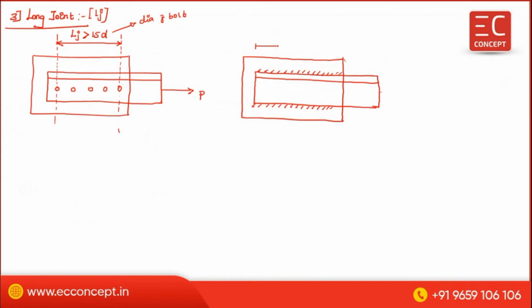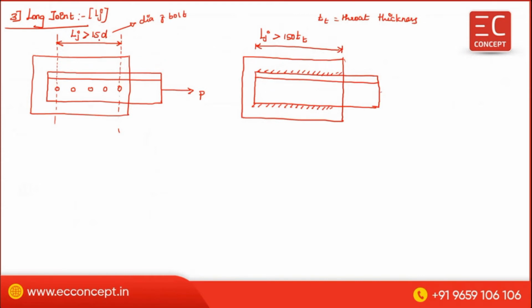So if LJ is greater than 150 times the throat thickness, where TT is the throat thickness, this is also a long joint.